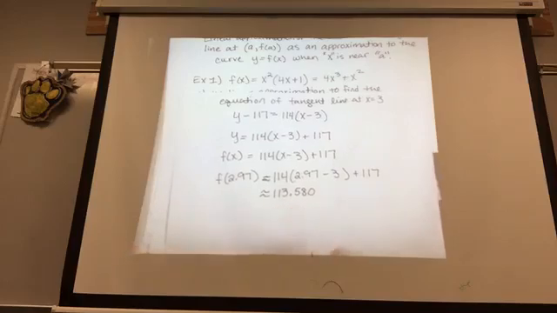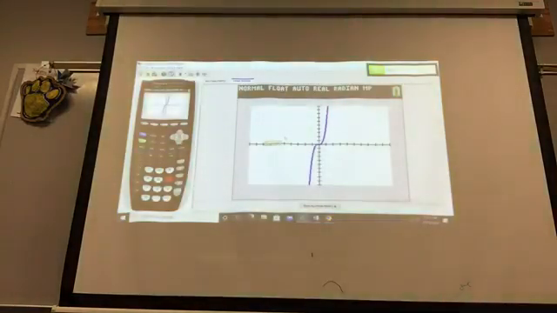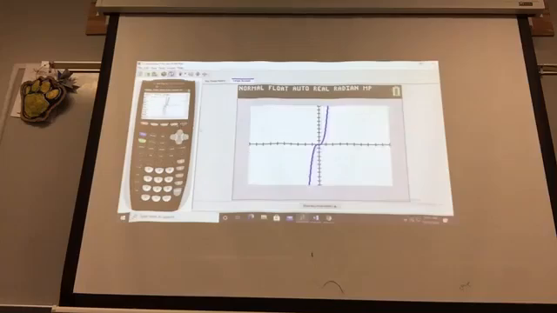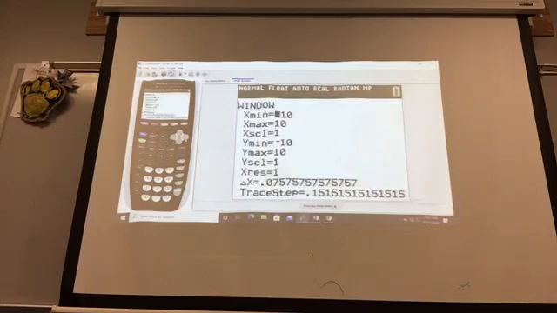So now in our calculator, I'm going to go through all of that process too. So I typed the function in to y1. Currently though, on the normal settings, I cannot see where 113.580 is. So I'm going to change my window to where I can see it. My x values are fine.